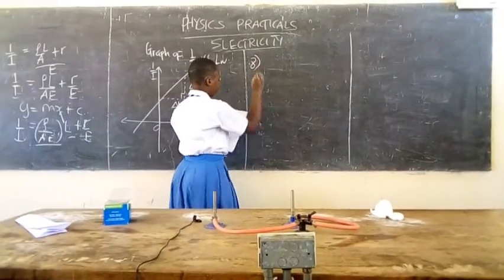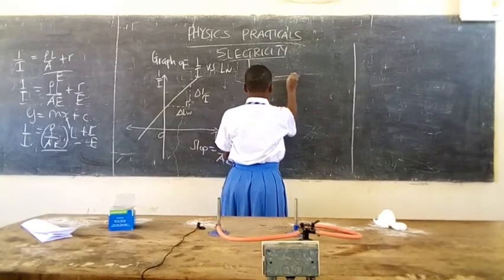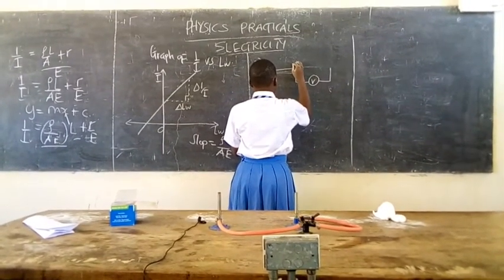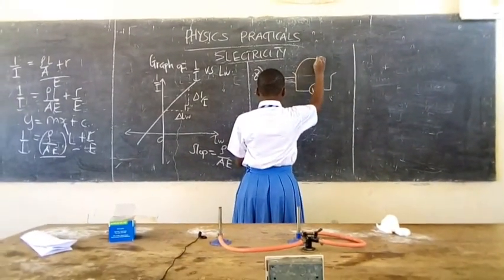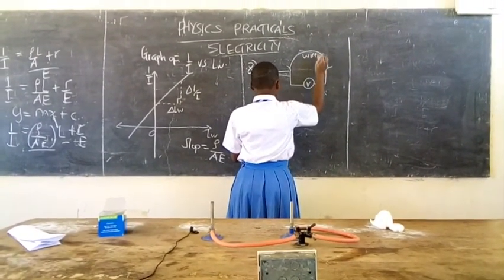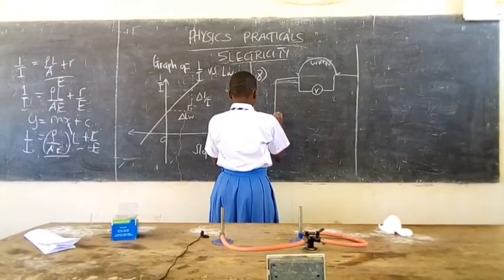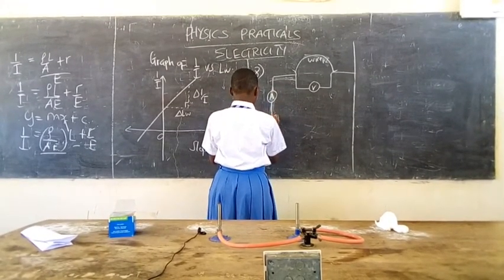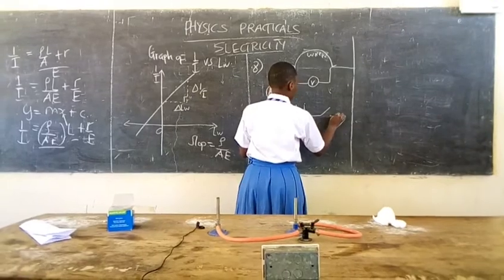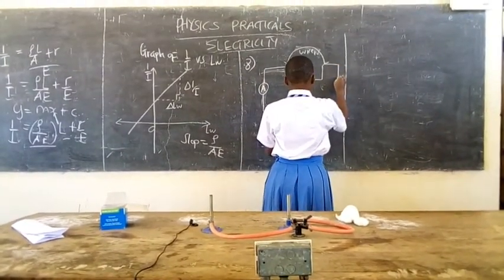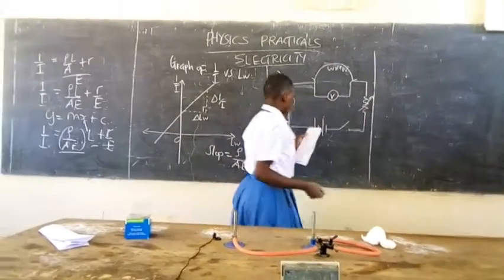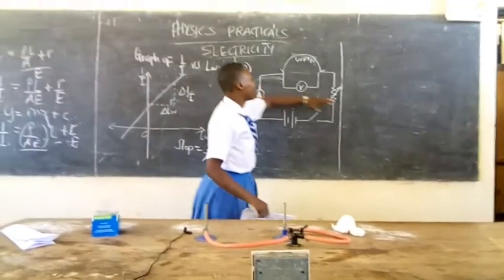Another circuit structure. We have our wire W, voltmeter, ammeter, rheostat, and the battery.